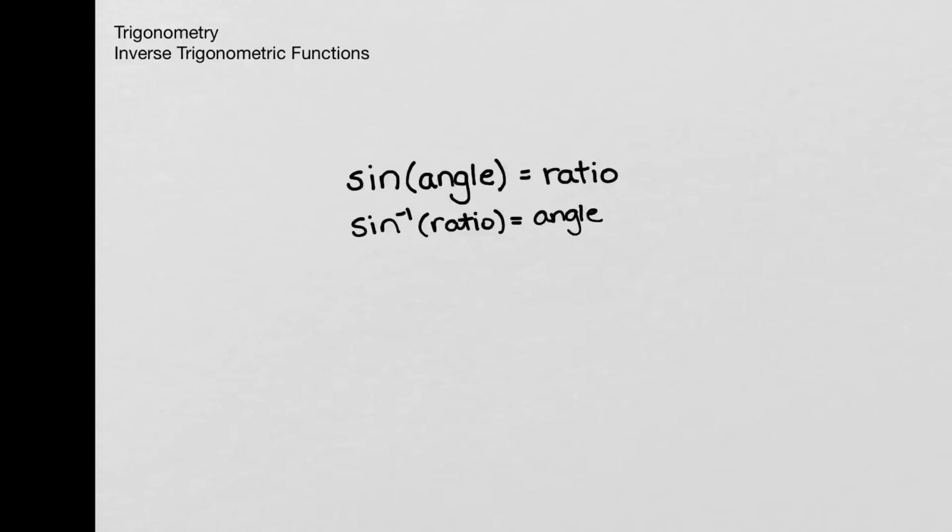And of course, another way to express that would be to say the arcsine of a ratio is equal to an angle. Okay, so when we are looking at our regular trigonometric function without the inverse, we take the trigonometric function of an angle, we get a ratio. Inverse trigonometric function, whether it's sine inverse, arcsine, whichever format, we're taking it of a ratio and we get an angle.